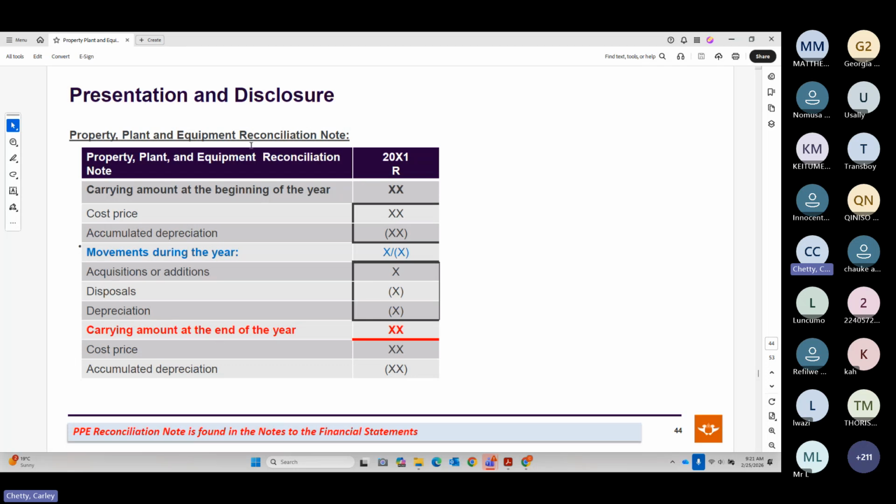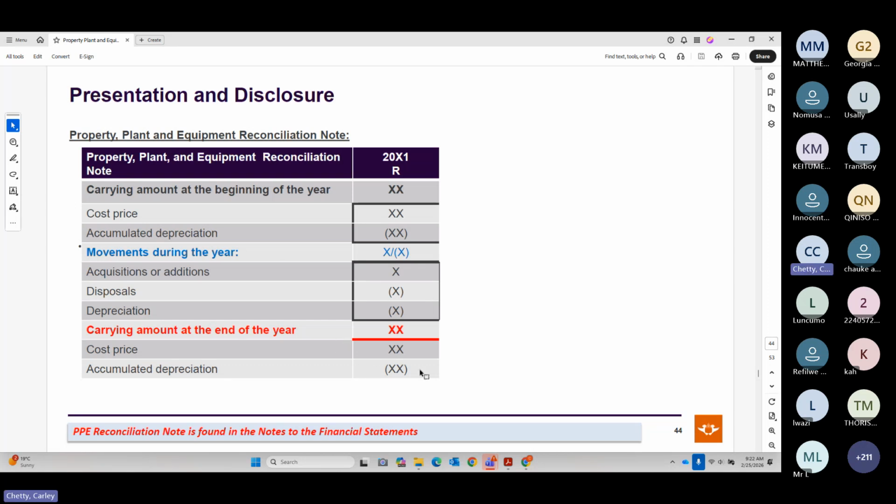So here we have the PPE reconciliation note, and we have the opening balances here, which consist of the cost price and the accumulated depreciation. And this gives us the carrying amounts at the beginning of the year. Then we have the movements during the year. So this would be things like acquisitions or additions, things like disposals and depreciation, also things like impairments.